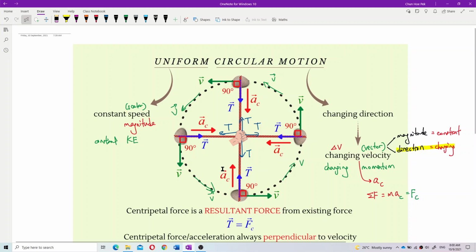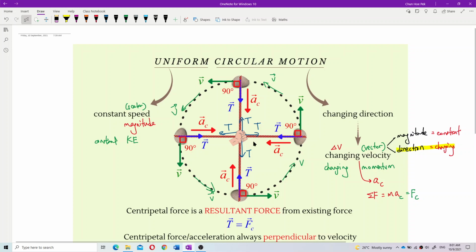You yourself feel the tension in the rope toward the stone when you make it move in a circular motion. The stone at the same time feels the pulling force toward the center of the circle.